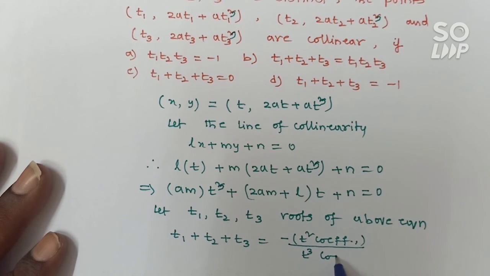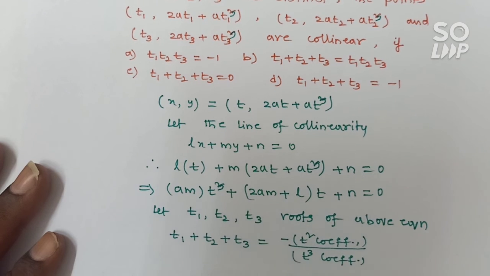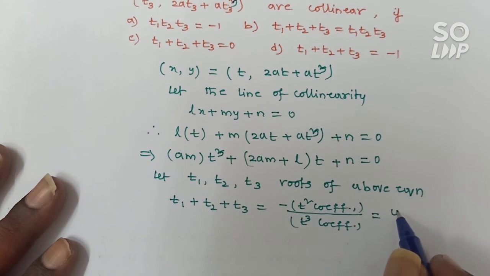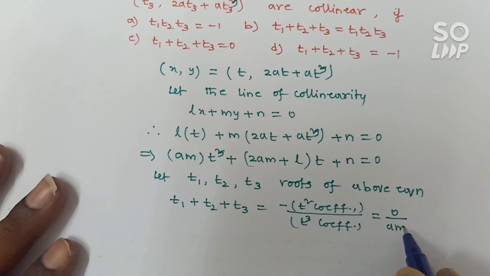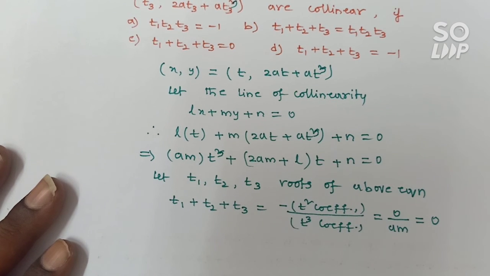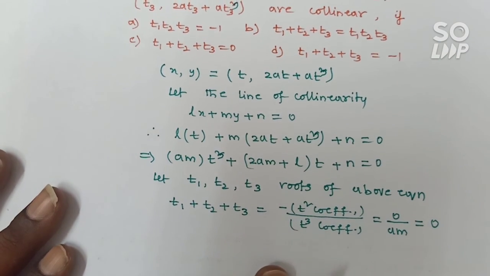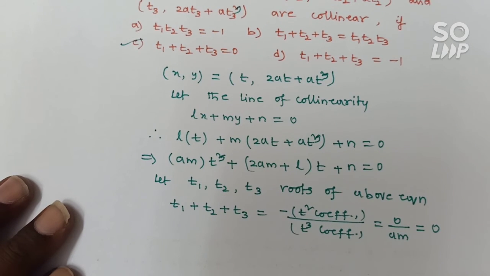Since the t square term is not involved in this equation, its coefficient is 0. So 0 divided by a into m is 0. This is the solution. The correct option is C: t1 plus t2 plus t3 is equal to 0.